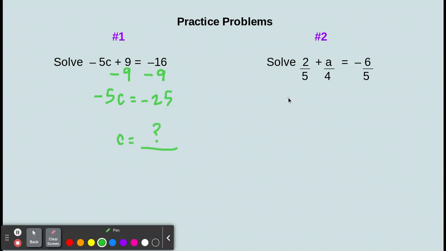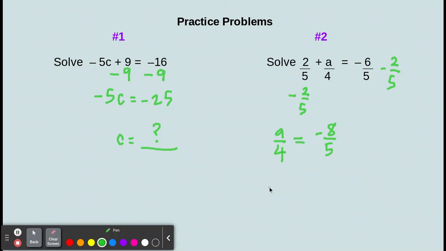Okay, now my hints on number 2. Okay, so 2/5 is the constant, right? So we want to subtract it since it's a positive. So let's subtract 2/5 from both sides. That leaves us with a/4 equals, see, negative 6/5 minus 2/5 gives us what? Negative 8/5, right? So now here on this side, we have a/4, but this is the same as division, right? a divided by 4.